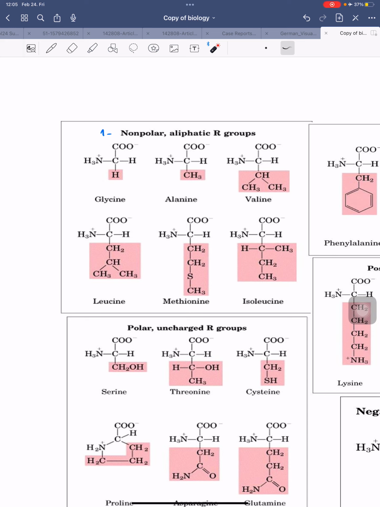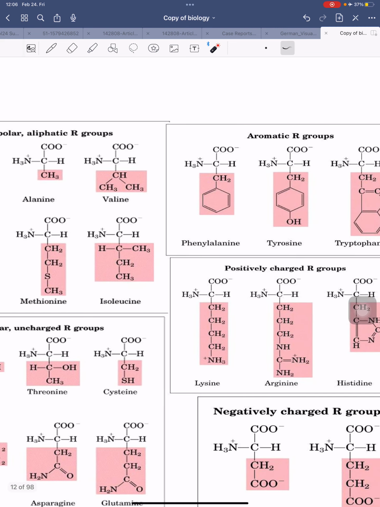As you see here, all of these have an aliphatic R group, it's not cyclic, and they are non-polar. Usually they can dissolve in non-polar solvents.